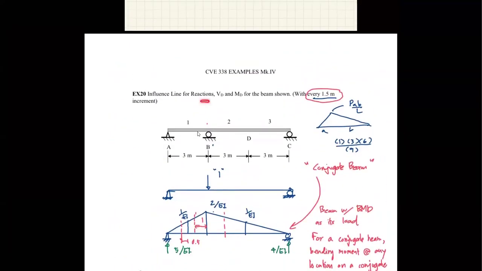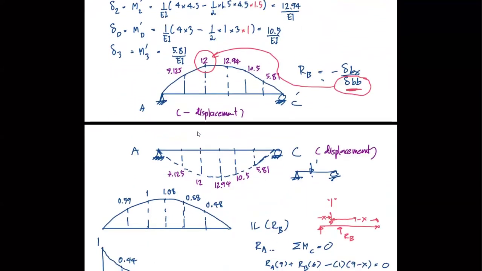So you must know that this information must be used to obtain the influence line of RB. And it's very easy because you know this is the displacement at B. So you divide everything by 12, you get the information of the influence line for RB right away. This is the knowledge that you must have.